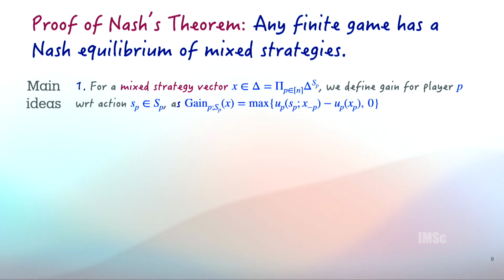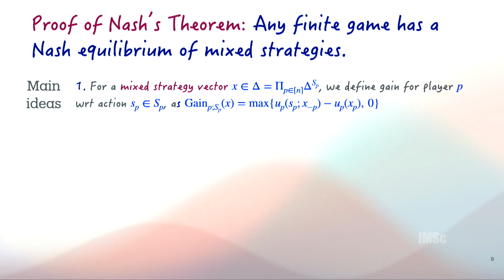So to show that any generic arbitrary finite game has a Nash equilibrium, what would it be enough to show? That gain is positive. That means it is not a Nash equilibrium.